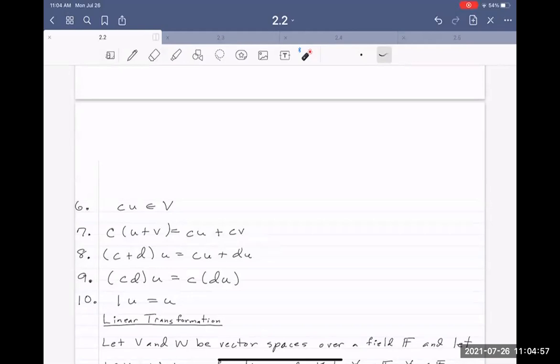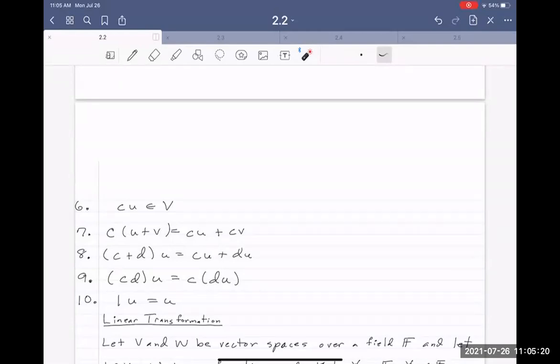Next, we have that if c and d are scalars, then c times d, scalar multiplying, times u is equal to c scalar multiplying the scalar multiple du.